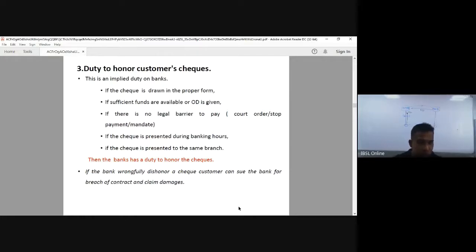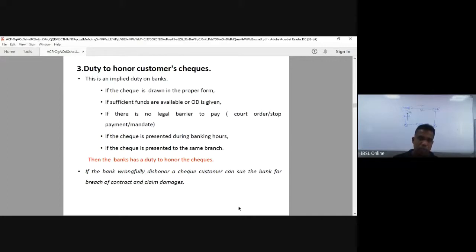Can someone answer the first question? Gentleman, the gentleman who answered the previous question, can you answer? Prasad, hello, can you hear me? Can someone please answer the question? Please try. The check is presented to the Anuradhapura branch. The account is maintained at Boralla branch.